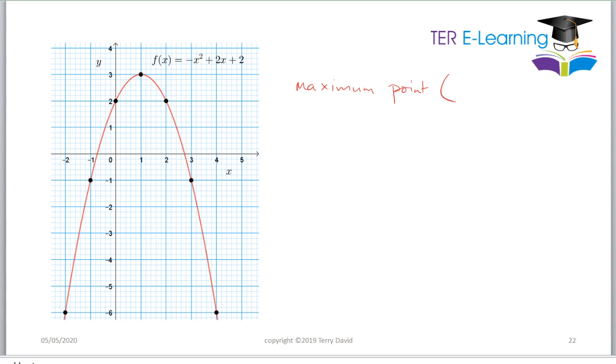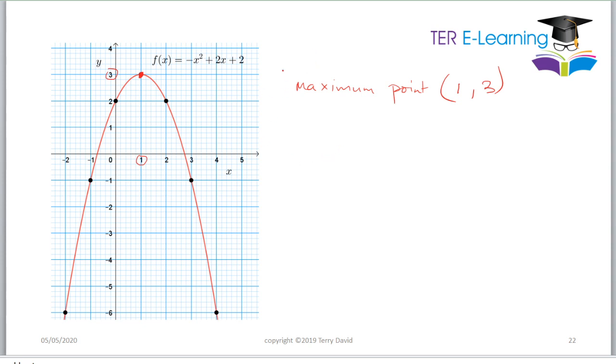Right, so you're all doing good. So you're going to read off the maximum point here. The maximum point on this graph is this. So you're reading off that coordinate. You're going to read off my x value, which is 1, and my y value here, which is 3. So it is 1, 3. It's written as a coordinate, right?